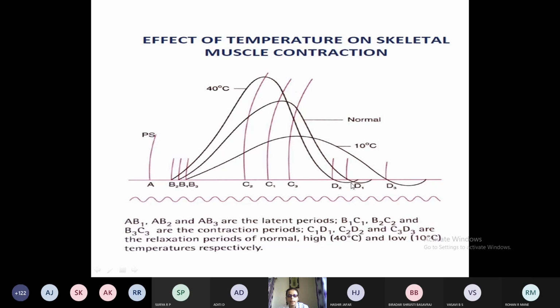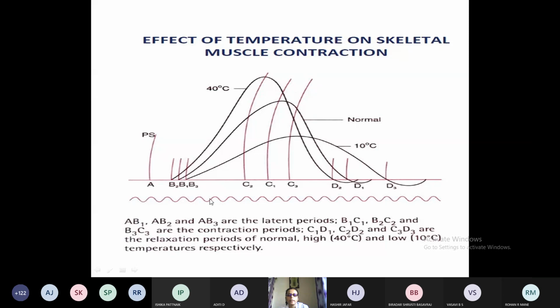Ma'am, could you please repeat why we need to use the higher temperature solution before the cold one? Yeah. Whenever you use the cold first, the cold temperature will inactivate the muscle fibers.